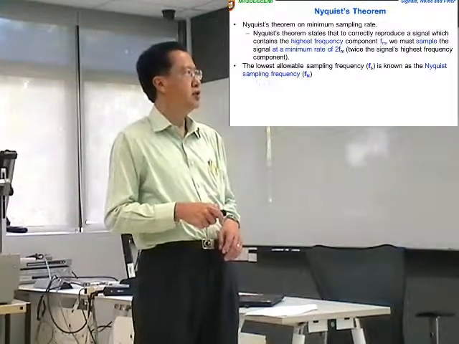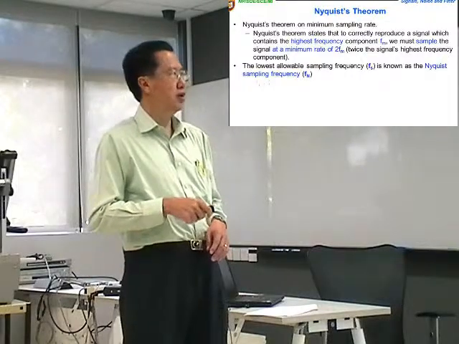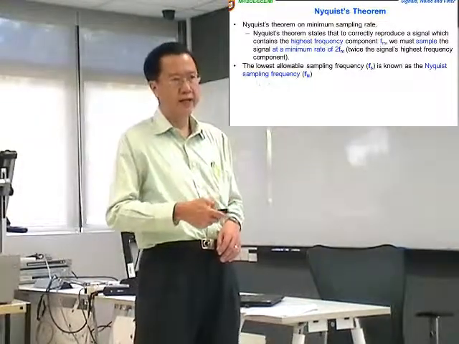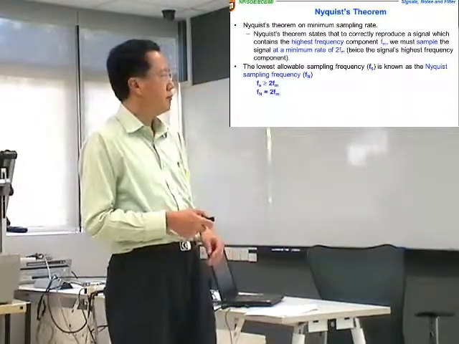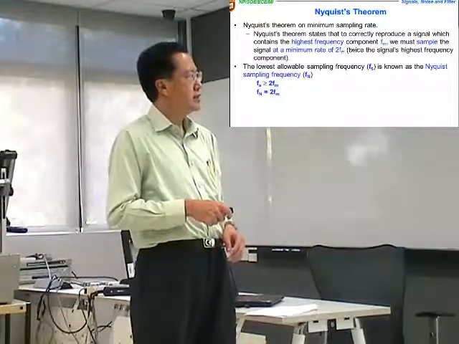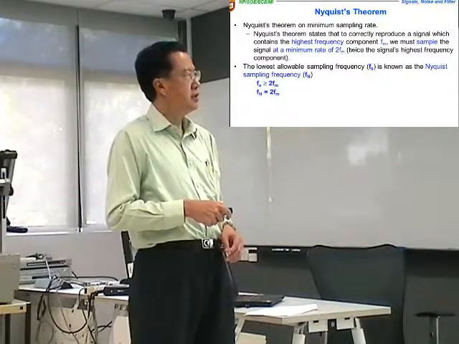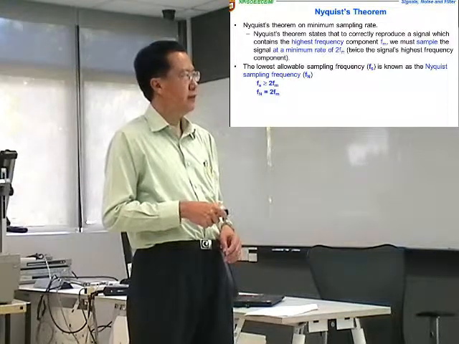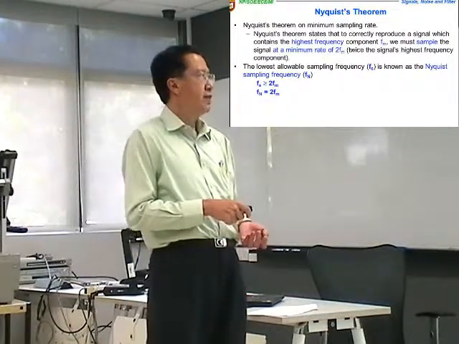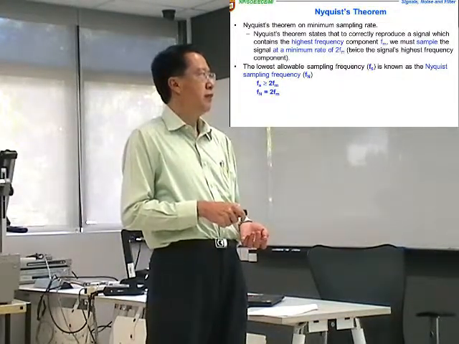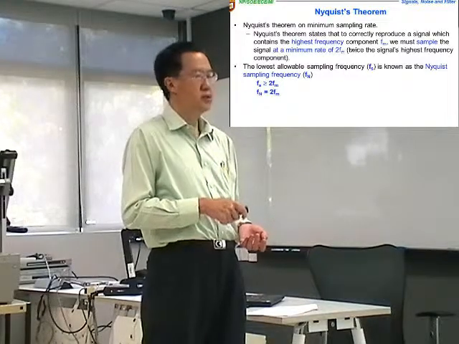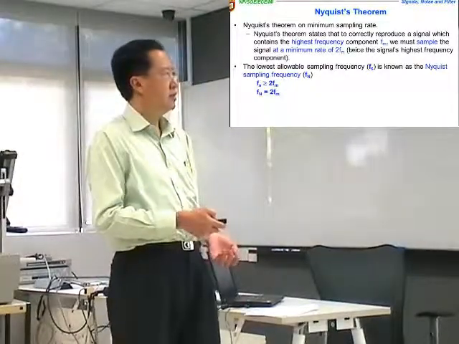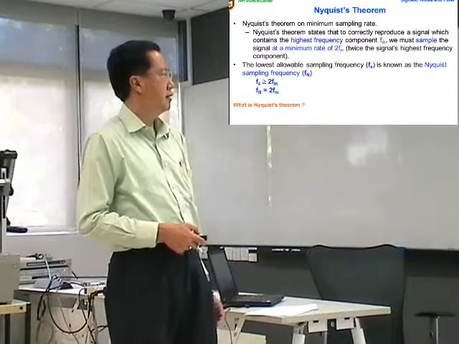Okay, and this is known as the Nyquist sampling frequency, or we short form that as Fn. So Fs, the sampling frequency, should generally be greater than or equal to 2 Fm. And when Fs equals 2 Fm, then we call Fs equal to Fn, the Nyquist sampling frequency.